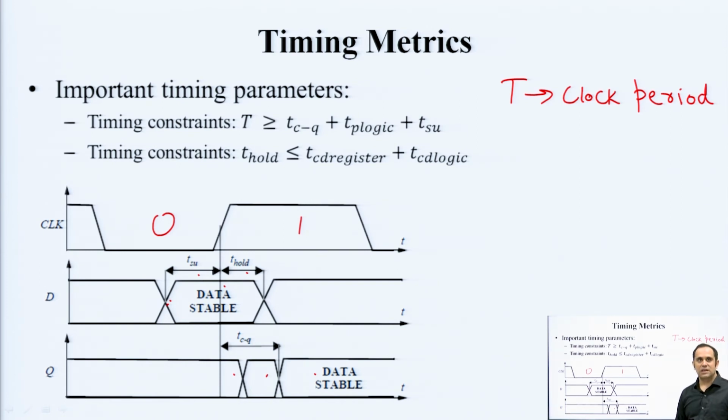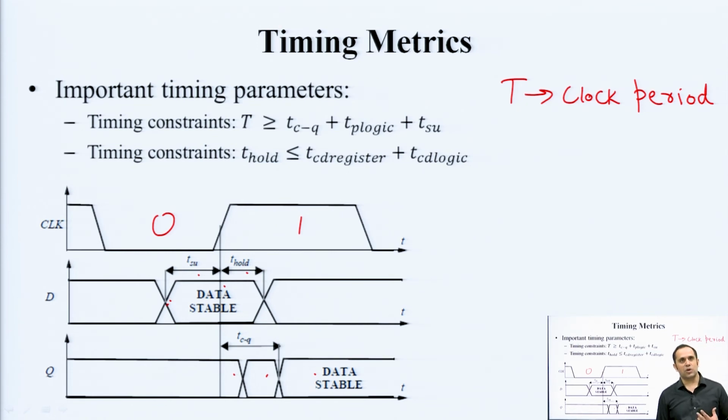Add these three, and the time period of the clock should be at least equal to this number. These three time periods put together should at least be equal. So, your clock time period should at least be equal to, or preferably exceed, this time.